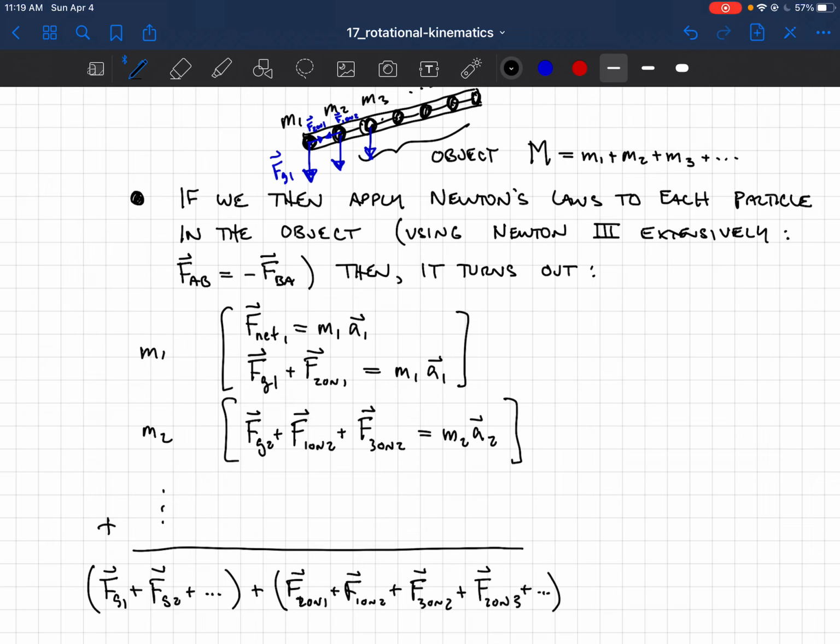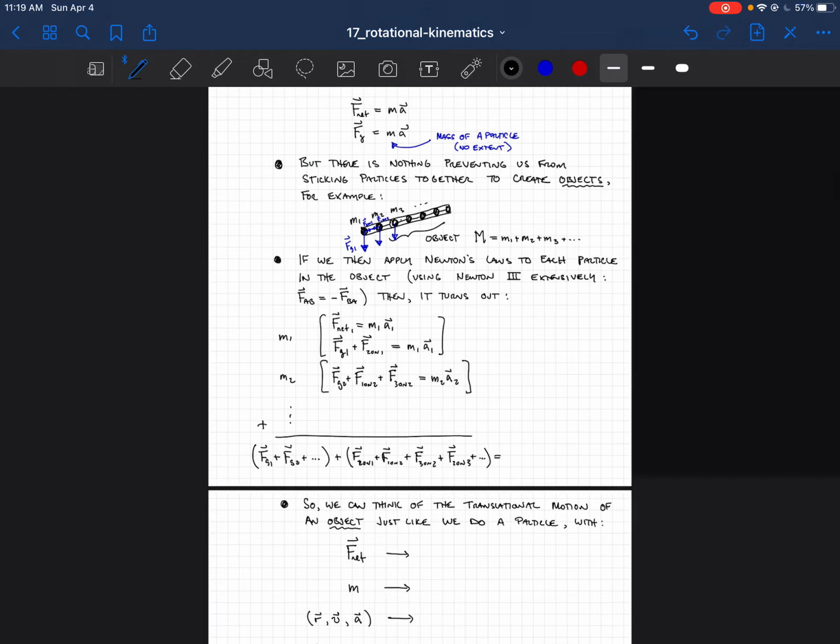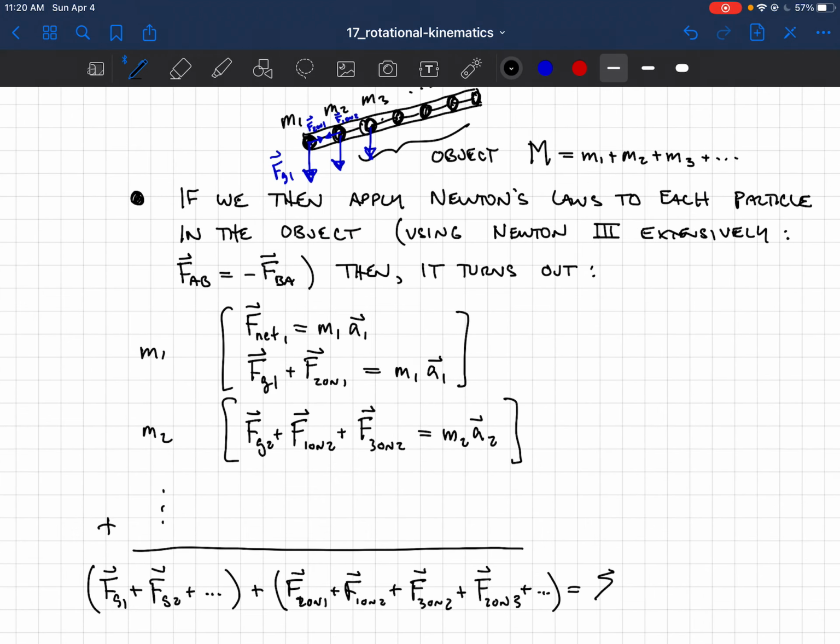And you have all of those forces added together. And then finally you get all of the masses added together and all of the accelerations. So we could just write that as, for n goes from 1 to the total number of particles, mn an, like that.